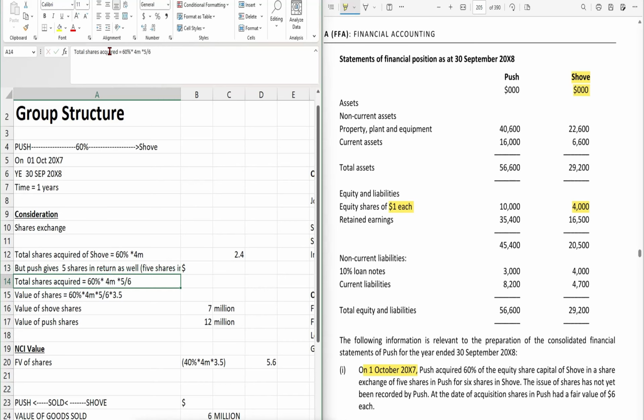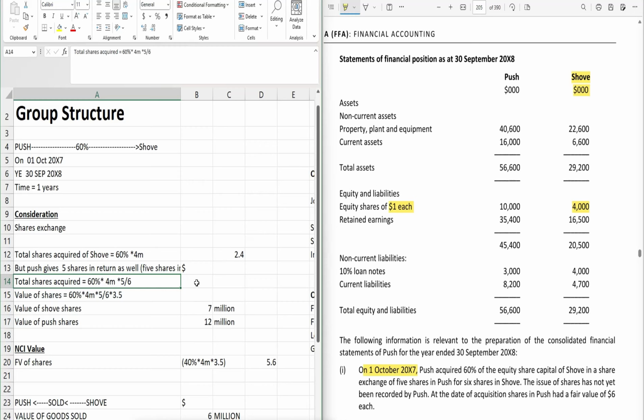Okay, so how can we calculate how many shares have been given by Push in order to acquire the shares? So here again we will take 60% of the 4 million, but this time we will multiply by 5 over 6, because this is the number of shares of SOV, and for every 6 we have given 5.